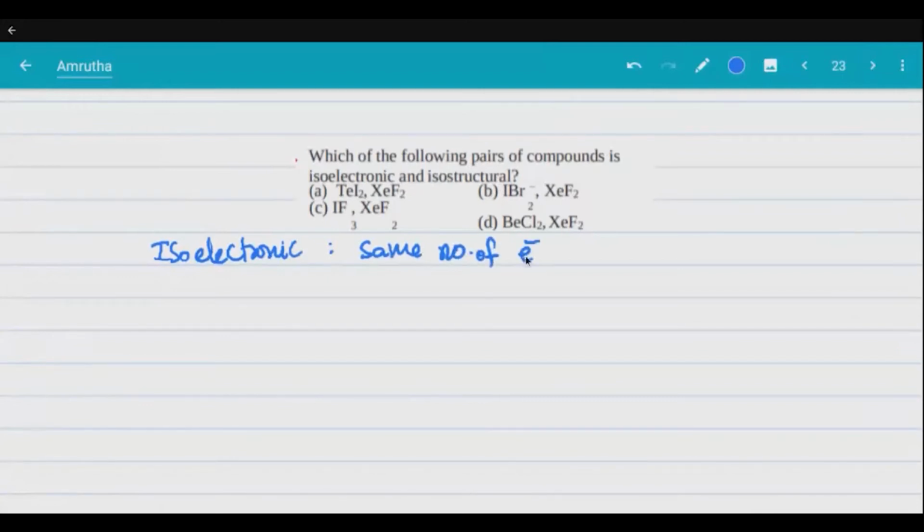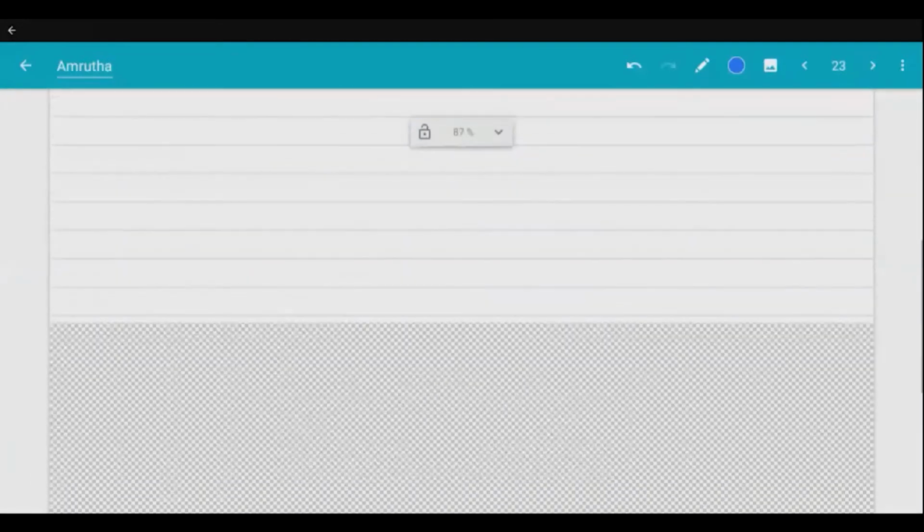Same number of electrons, you count electrons. And isostructural means same shape. How do we find shape? Same hybridization should be there and same lone pairs. You can solve it, right? Please solve it later. The same concepts you can apply.